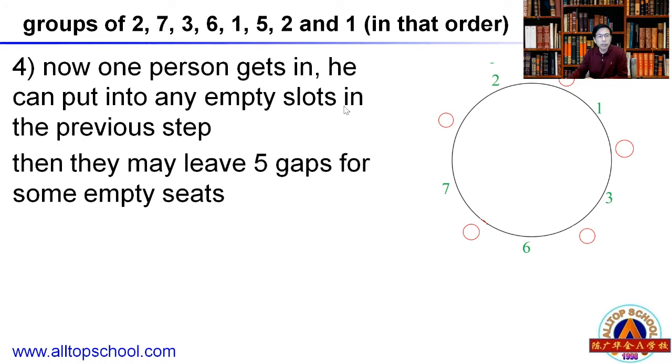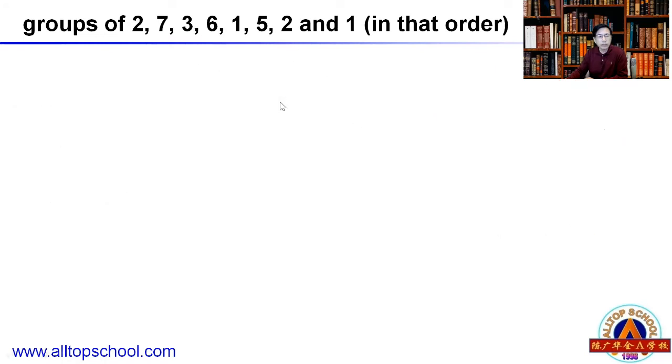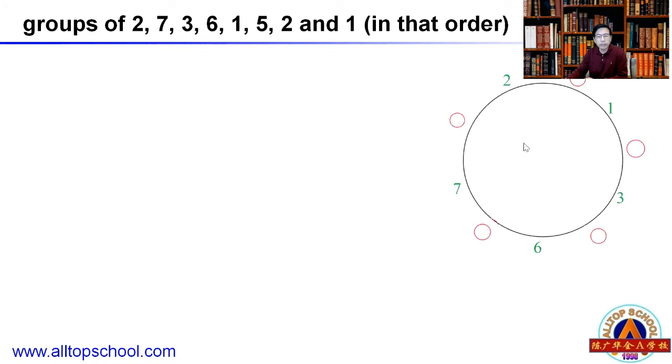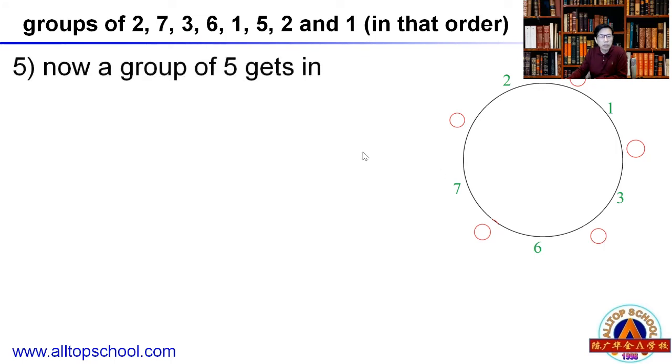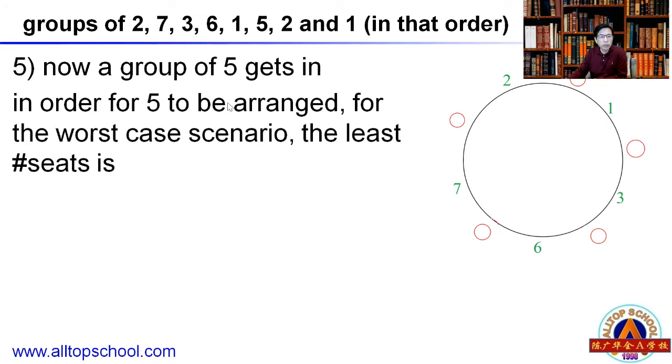Next, 5 people get in. They will sit in any of these available gaps, but at least one of the gaps must have 5 seats in order to seat them. So that means in order for the group of 5 to be arranged, what is the worst case scenario for the least number of seats?